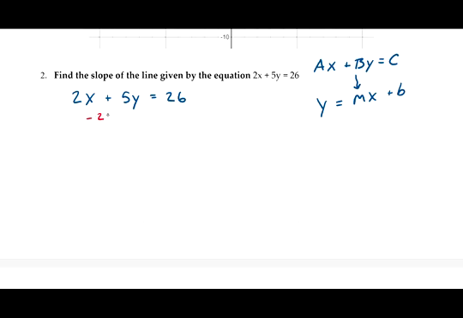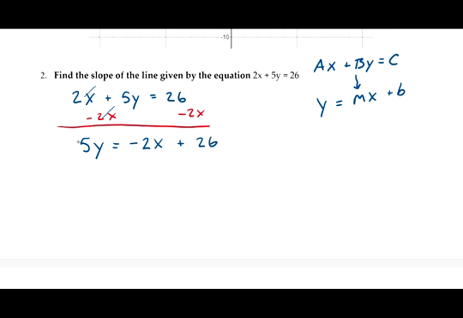So we could subtract 2x from both sides. Okay, so the positive 2x and the negative 2x cancel. So we have 5 times y is equal to negative 2x, and we have a positive 26, so plus 26.